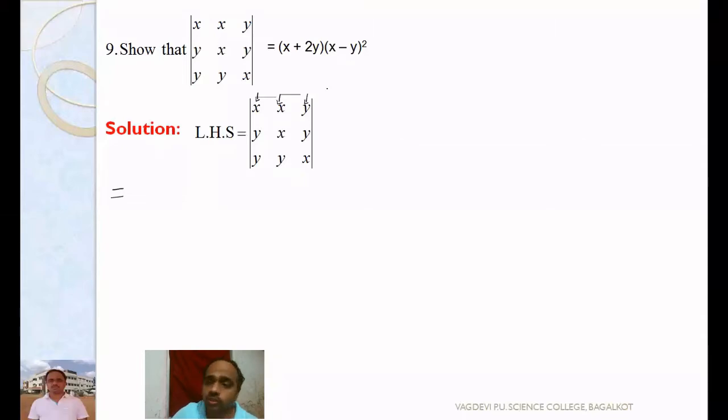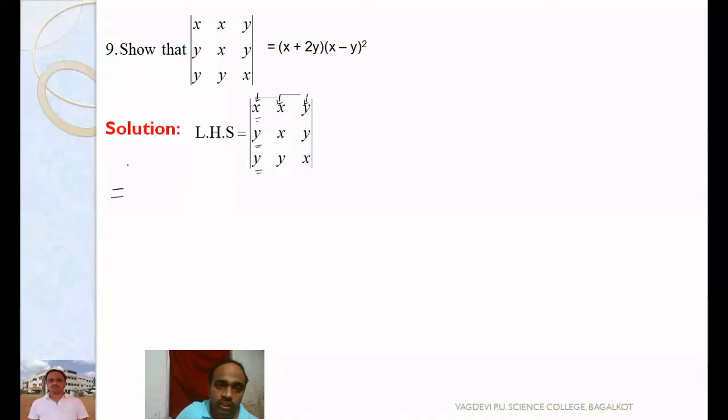But it is not 2x plus y, it is x plus 2y. So to get x plus 2y means only one x and one more y, so y plus y is 2y. To get this, you have to add all the rows, R1 plus R2 plus R3. If you add C1 plus C2 plus C3, we get 2x plus y, but I want one x plus 2y. So to get 2y, y and y are here in R2 and R3.